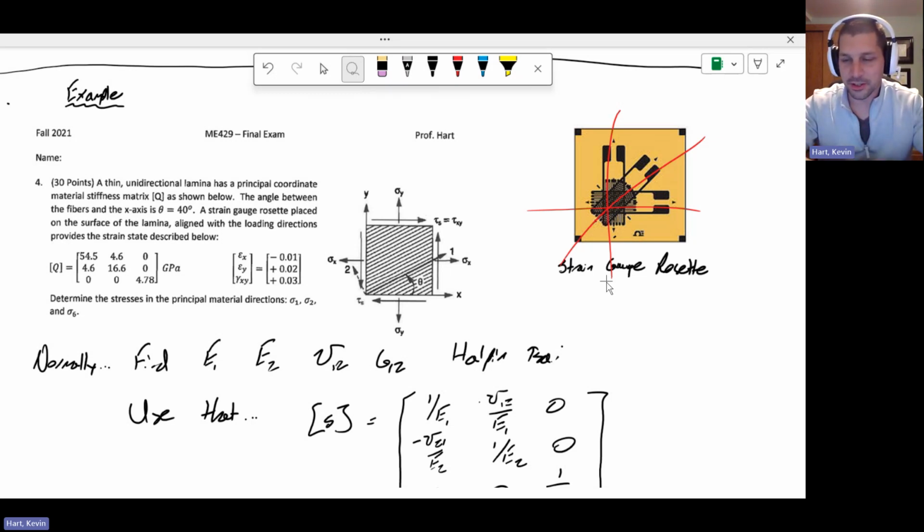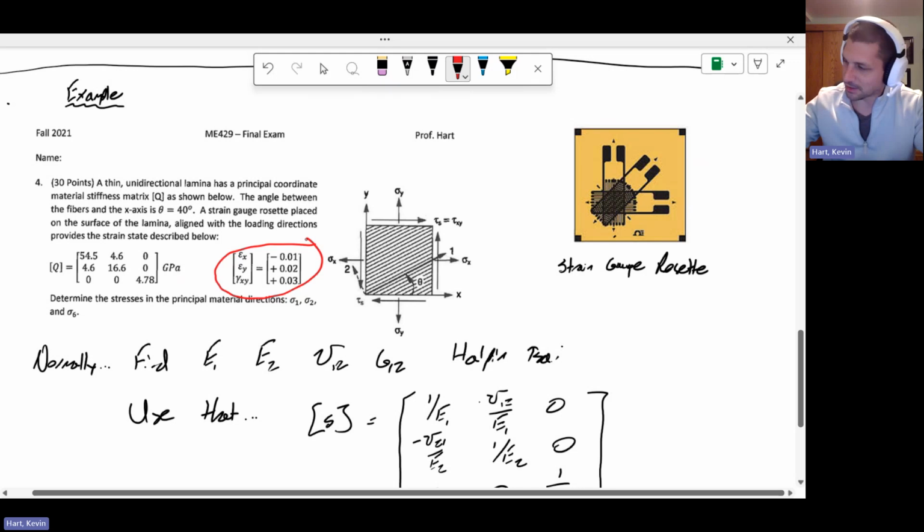And using the strains that that gauge outputs, you can determine what are the strains in the coordinate system aligned with the rosette. Now, if we just place this rosette directly on the composite as you see here, it would sit like this, and you'd get measurements in this direction, in this direction, and in this direction, which happen to be the x direction, the y direction, and the shear gamma xy.